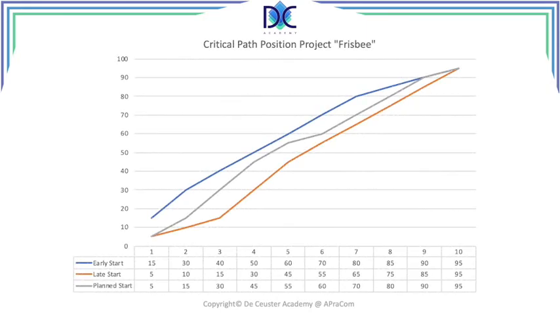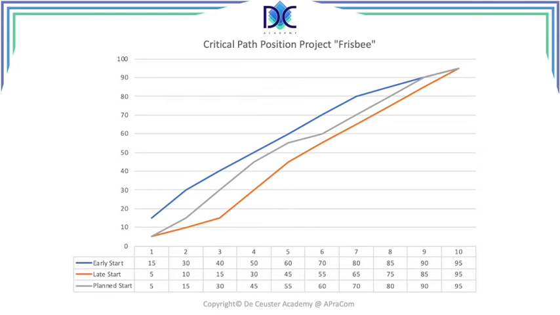So what we find here is this curve for a project I named Frisbee. We have the early start curve, which is the blue curve. The orange reddish curve is the late start, and in between we have the planned start curve. Now here we have the financial overview. How are we spending the money? And we see clearly when we move to the late start that we are spending money later, which is of course a financial advantage.